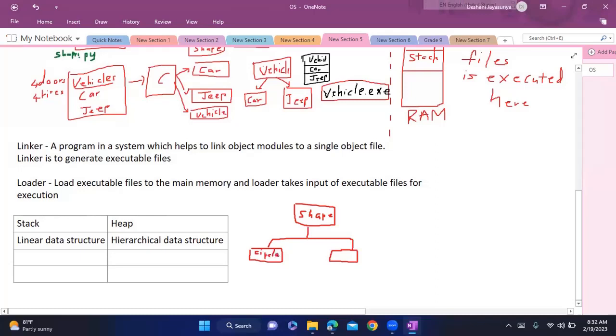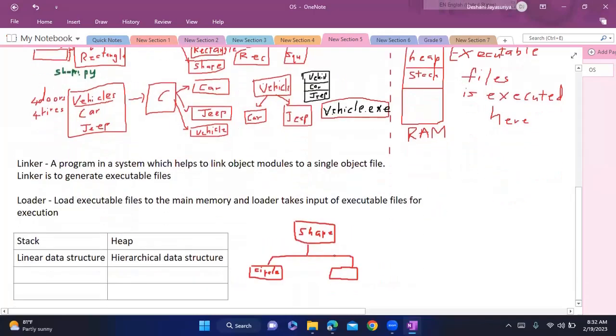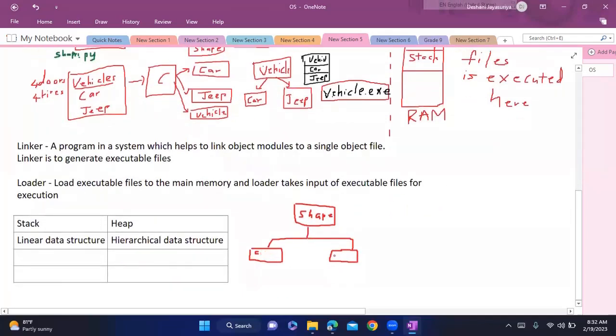So it will be stored as well. So executing shape, but inside it is having the links of the shapes: circle, rectangle and square. Sorry, we have to make it rectangle and square. So I'm writing rectangle, square.